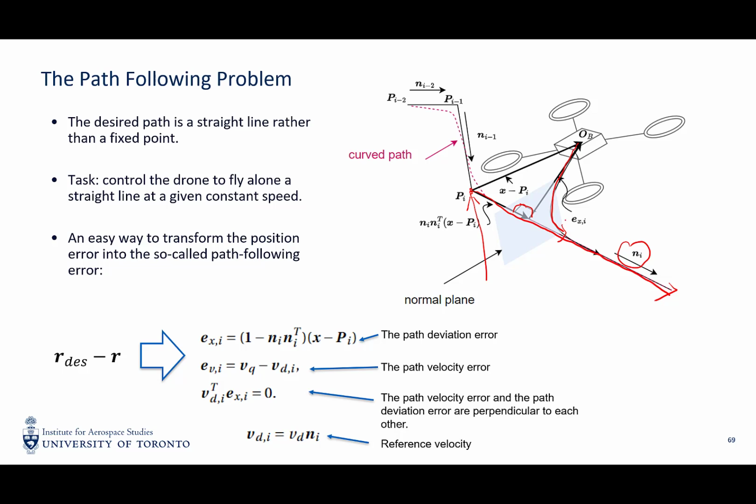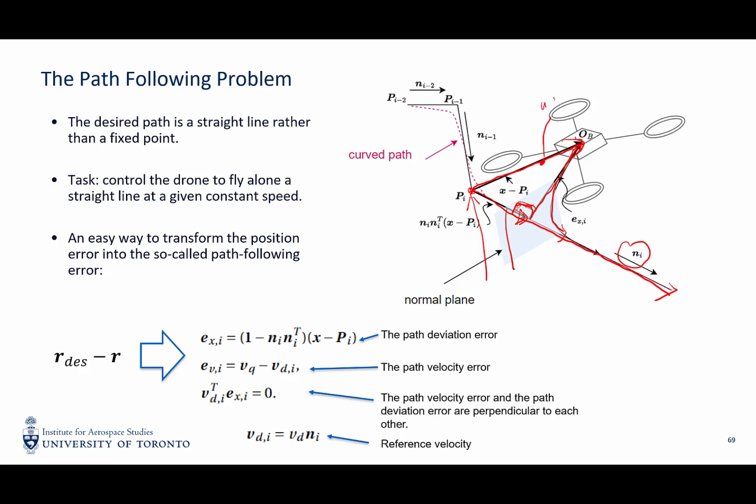So how do we describe the position error? Since we have a cascade structure, the first thing we need to do is get the position error and the velocity error. So what is the position error in this case? If we take the vector from the starting point of the trajectory, then the position error from the trajectory is actually this vector minus its projection onto the path.